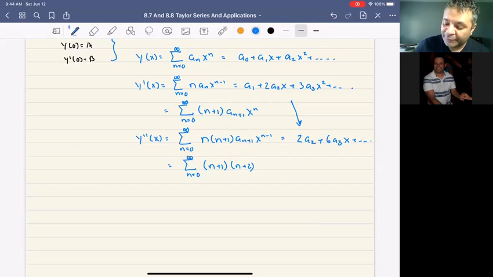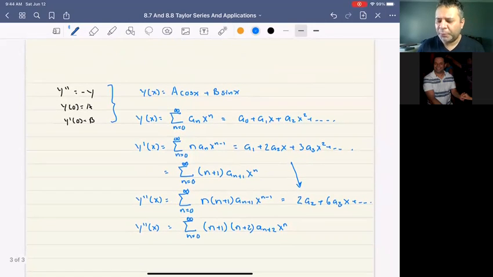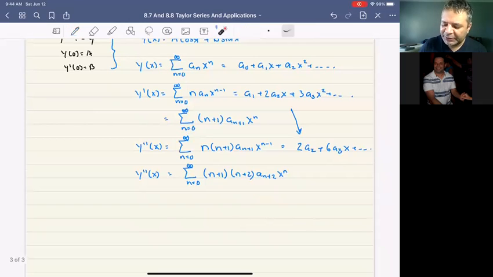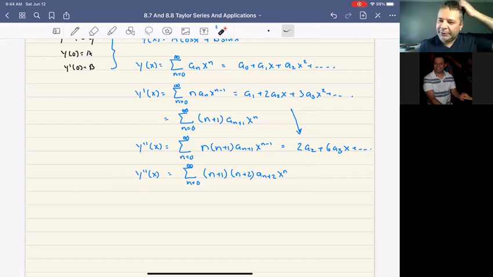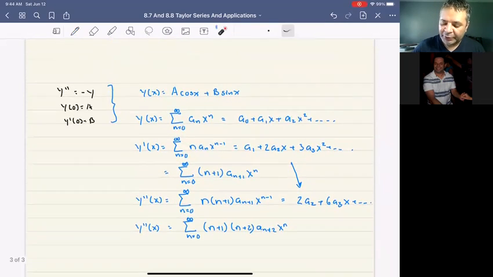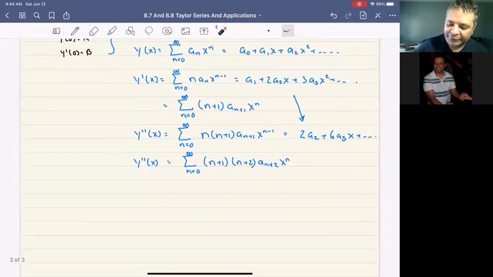So that means I'm going to have a sub n plus 2, x to the n. So here is my y double prime. Again, you're not really going to be doing this whole process, but doing this shift is something that I will expect you to know how to do. All right, so let's go ahead and go to this differential equation.